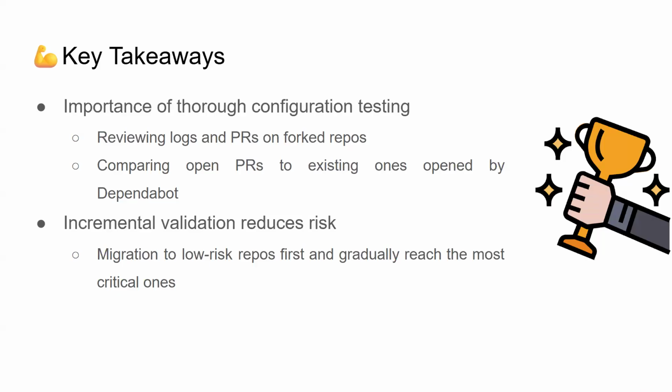Also, incremental validation reduces risks. We started migrating on the low-criticality repos inside the Antrea project, and it helped us catch any problems early so that they are not mistakenly added to the high critical repos.